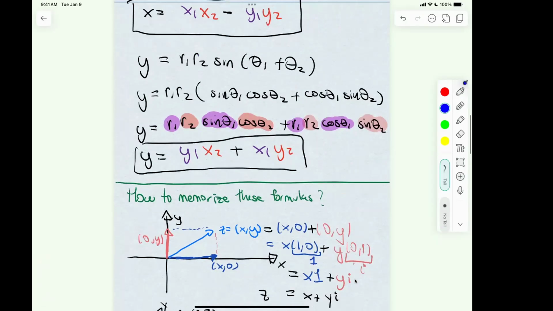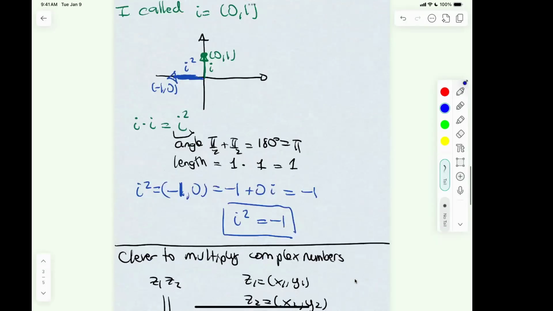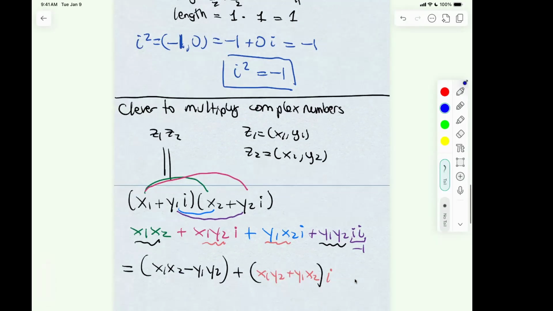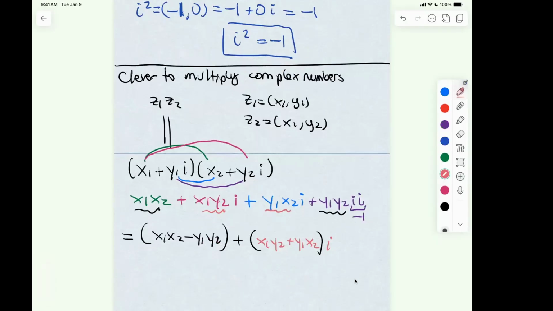So it reproduces the entries that we had just found. So it recovers the previous formula. So what I'm saying is that you don't have to memorize the formula. You just have to memorize that you can distribute when you do a product. So this was the formula for x from before, and this was the formula for y from before.